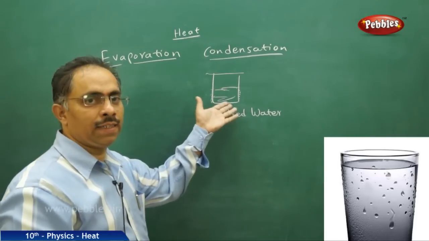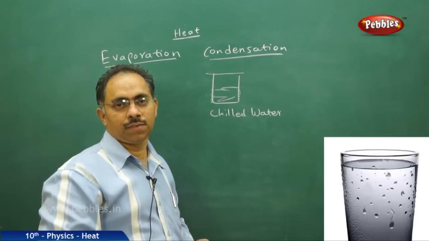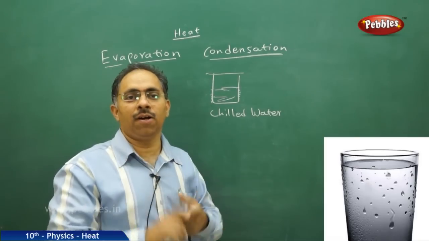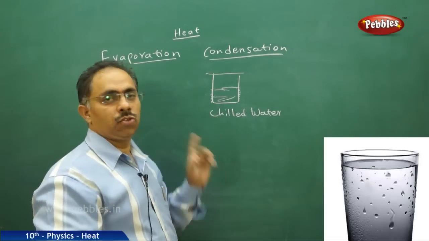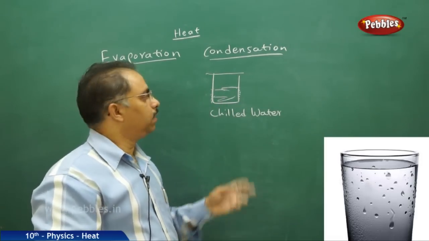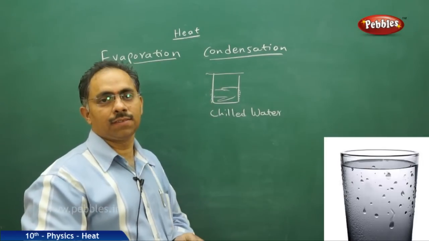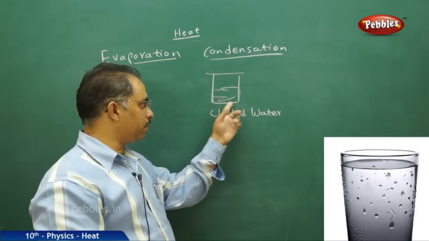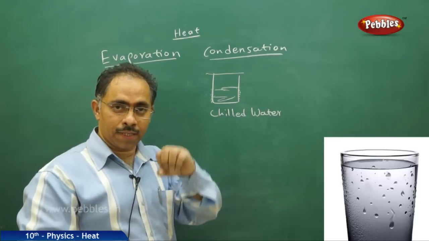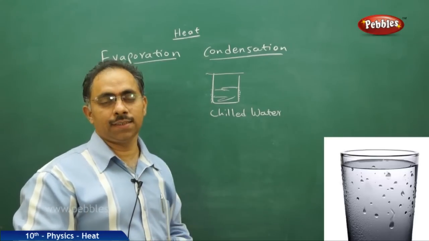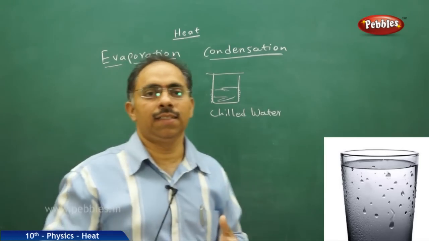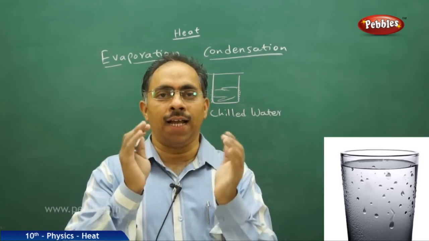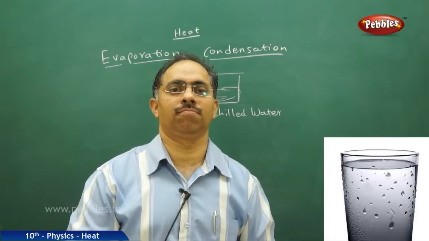So, how come you are getting these few drops of water outside the glass? It is because the temperature of this chilled water is very low. Because this temperature is very low, this portion of the glass also gets very cold, and it makes the water vapor which is in contact with the glass condense.